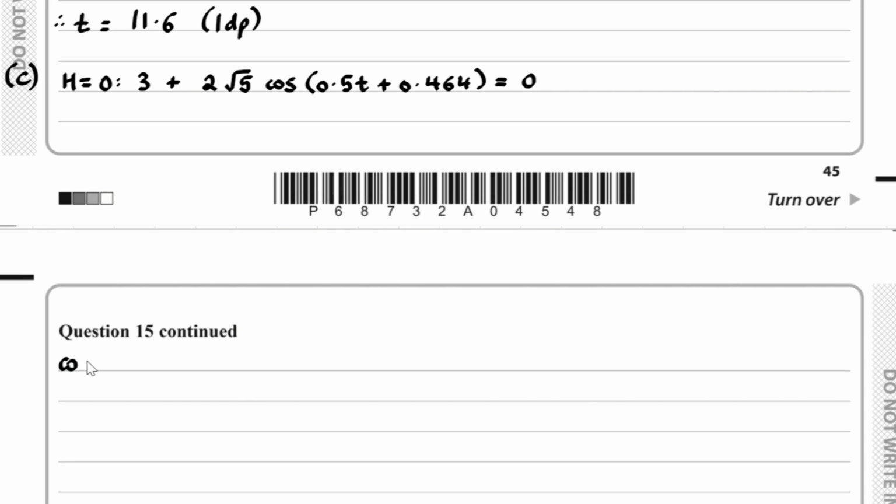So, the cosine of 0.5t plus 0.464 is equal to minus 3 over 2 root 5.